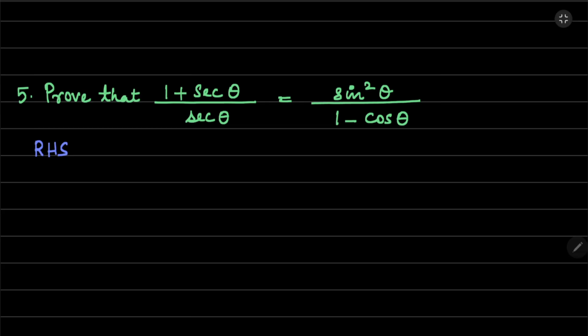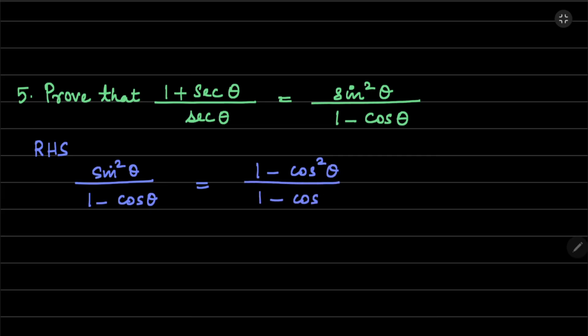What do you have here? You have sine square theta divided by 1 minus cos theta, right? Sine square can be written as 1 minus cos square theta divided by 1 minus cos theta.